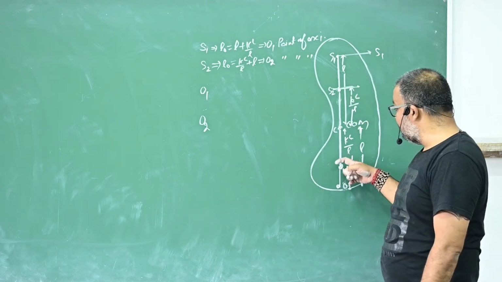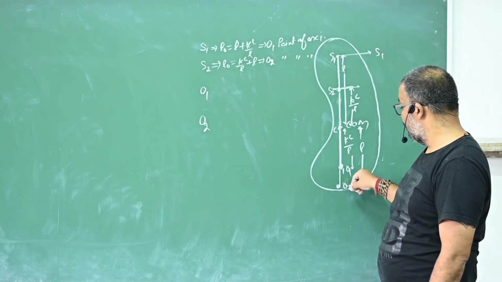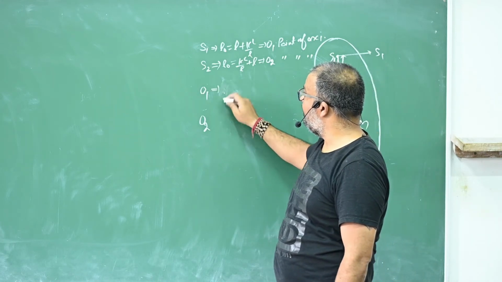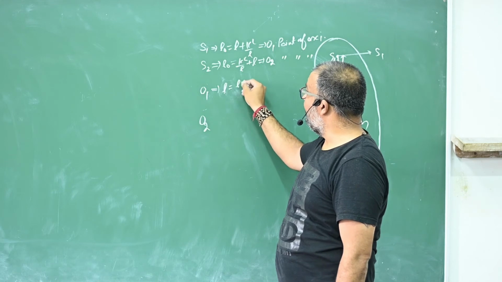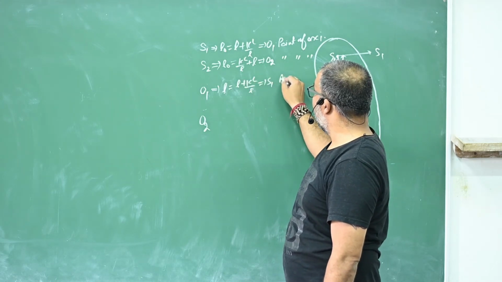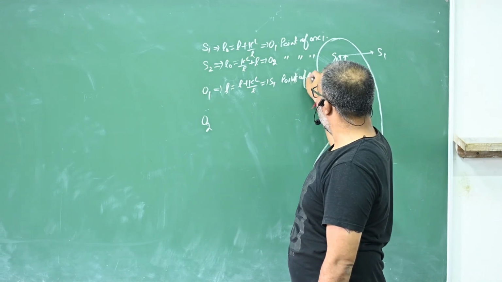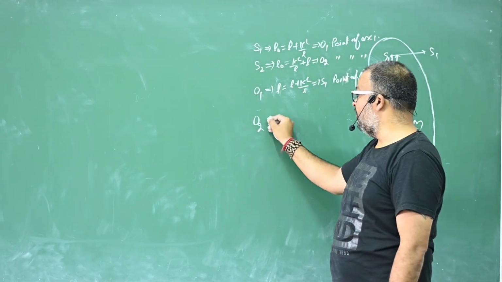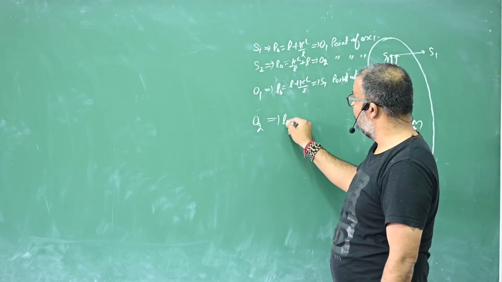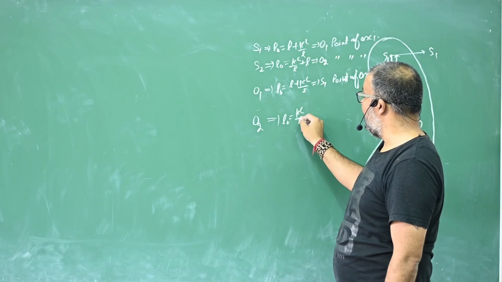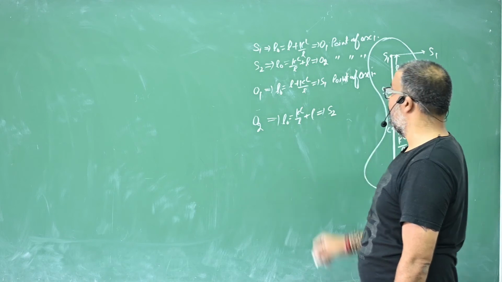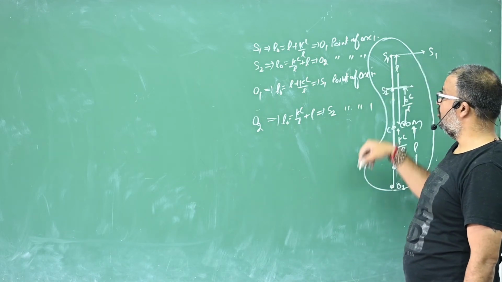But if it is suspended from O1, then the equivalent length will be L plus K square by L, and S1 will be the point of oscillation. And if it is suspended from O2, then again the equivalent length will be equal to K square by L plus L, and S2 will be the point of oscillation.